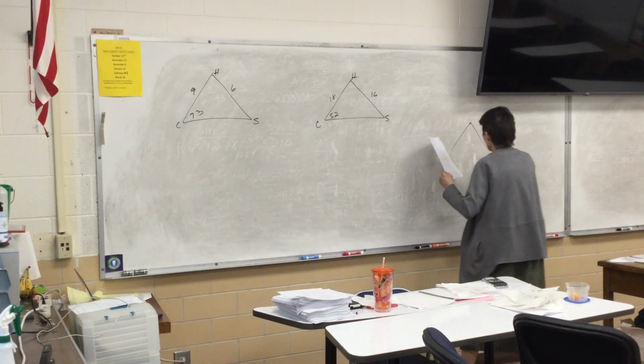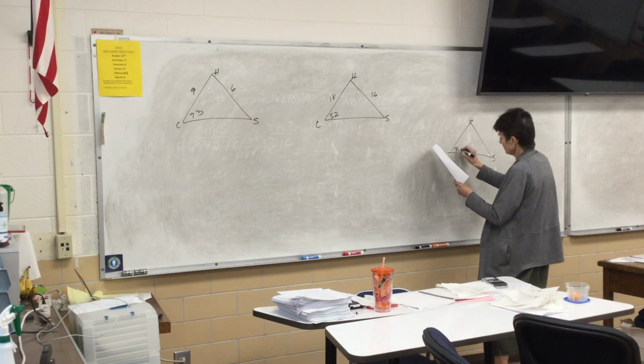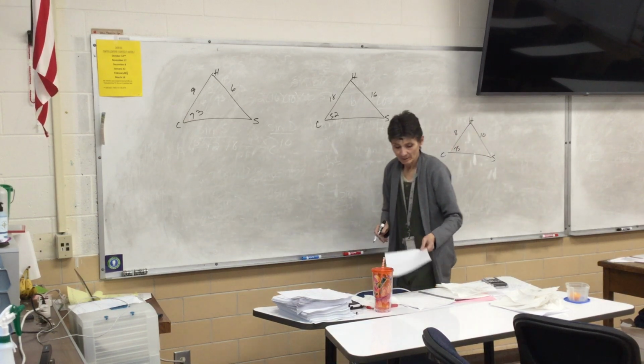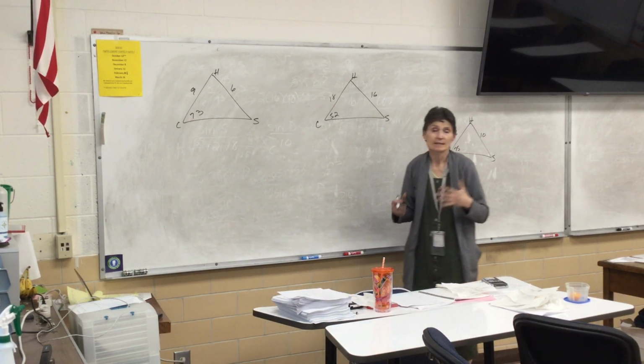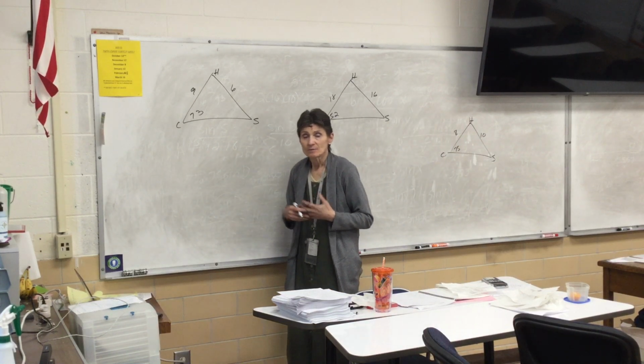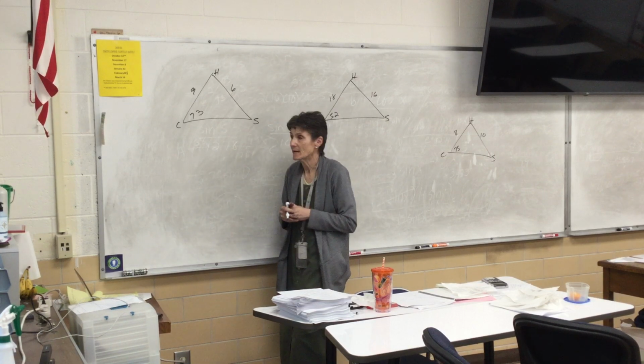And then we have a 75, an 8, and a 10. Now, these three problems are done exactly the same way. The setup is exactly the same. The way you type it in is exactly the same. We just have to wait and see what happens after we type it in.